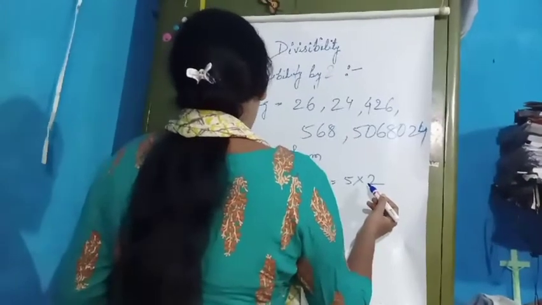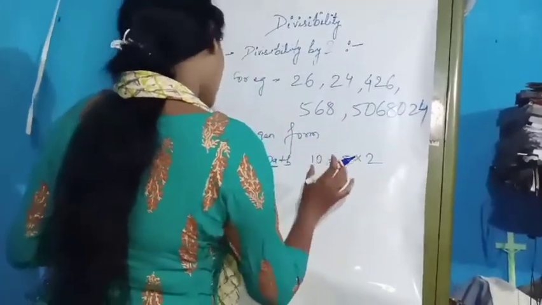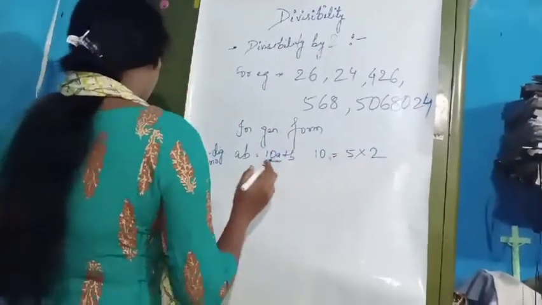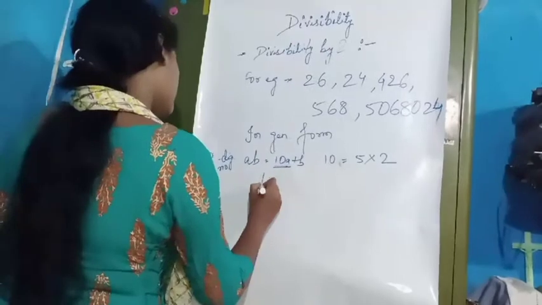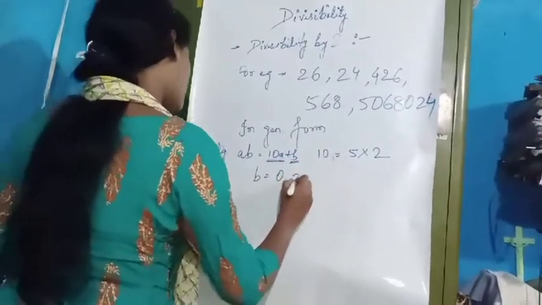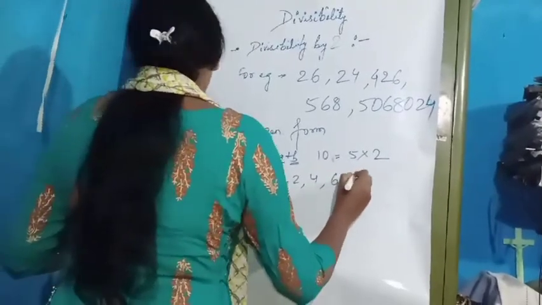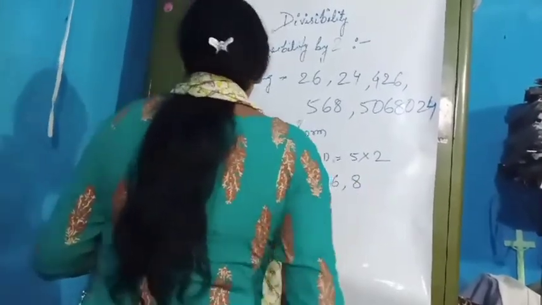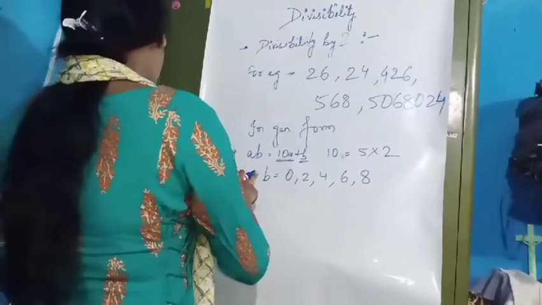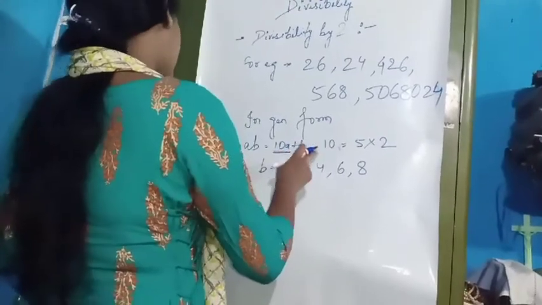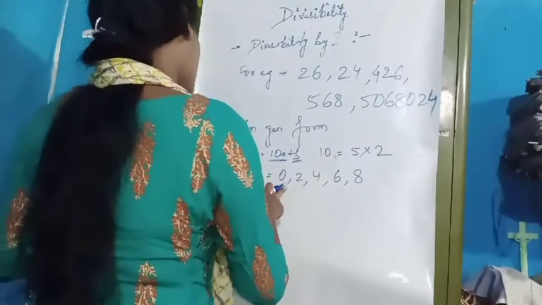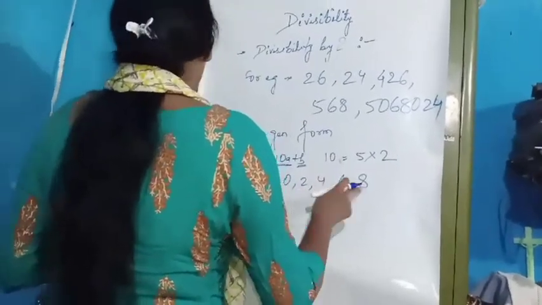So for the number 10A plus B to be divisible by 2, B must be equal to 0, 2, 4, 6 or 8. So 10A plus B is divisible by 2 if B is equal to 0, 2, 4, 6 or 8.